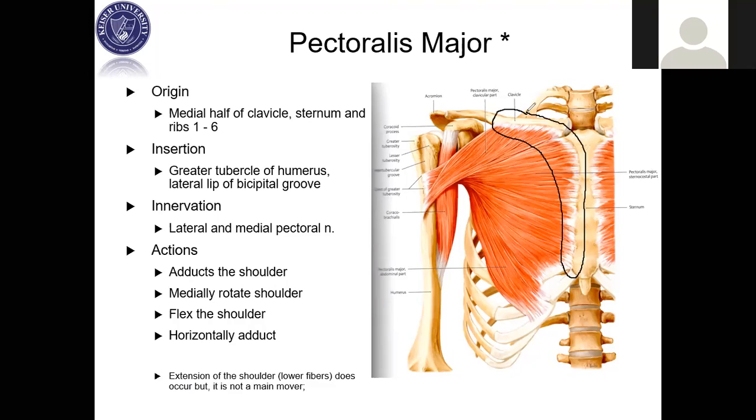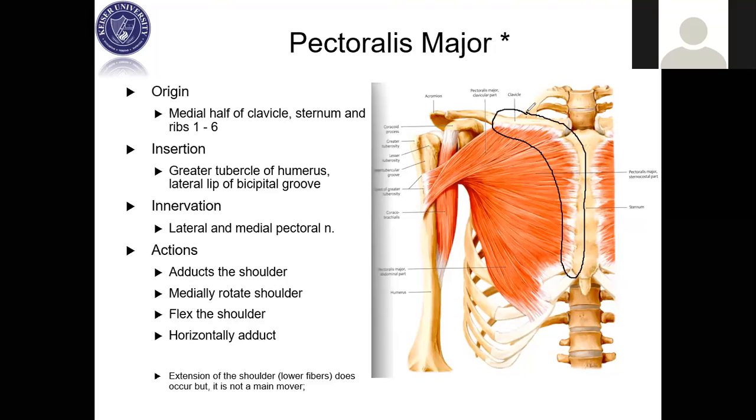The clavicle, the sternum, and the ribs are its origin. As you can see, it's wide. If you look at it on yourself, it's literally coming from the middle of the clavicle, down the sternum, into ribs 1 through 6. So it's a large origin.